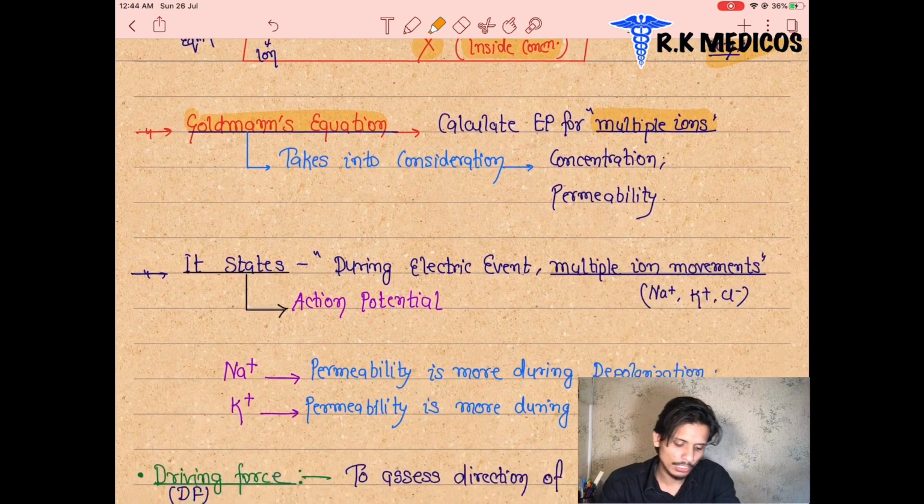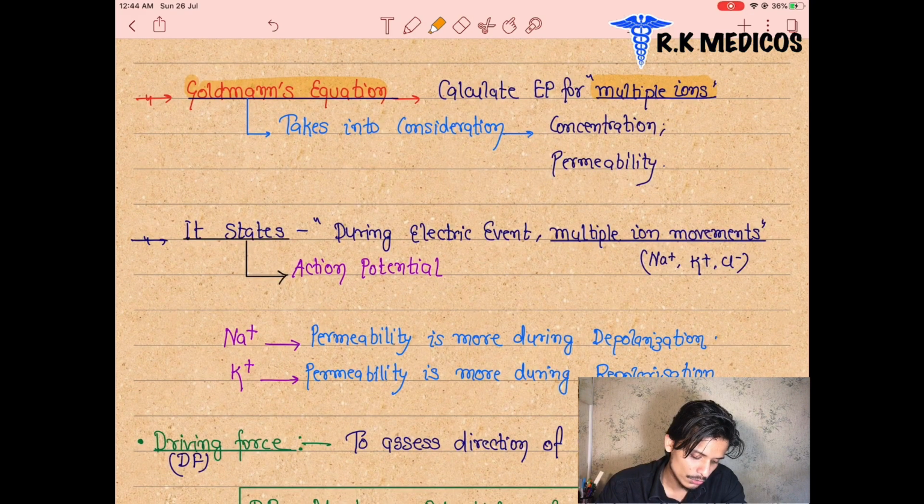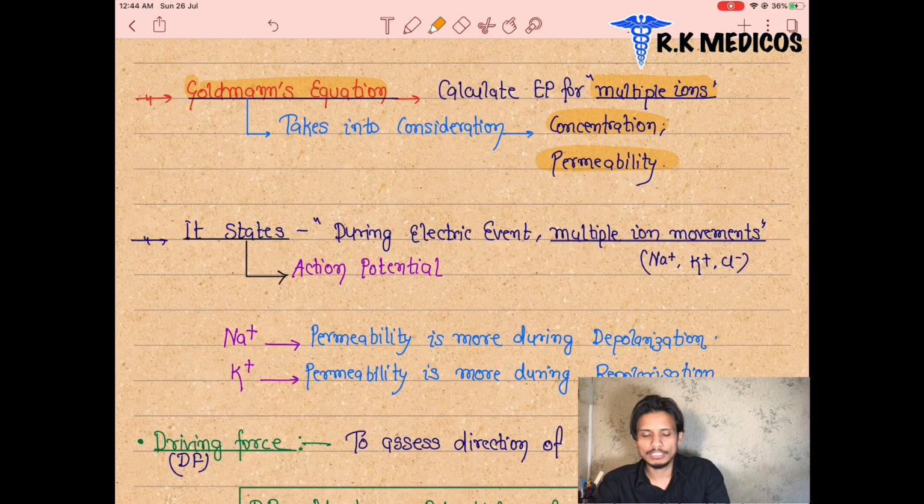The Goldman equation is for calculating multiple ions, and it takes into consideration concentration and permeability. In this Goldman equation, we also calculate the permeability and concentration. During an electrical event, multiple ions move. The Nernst equation says that during the electrical activity only one ion is moving, and that is not true.